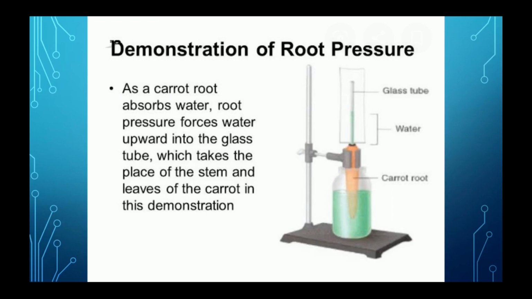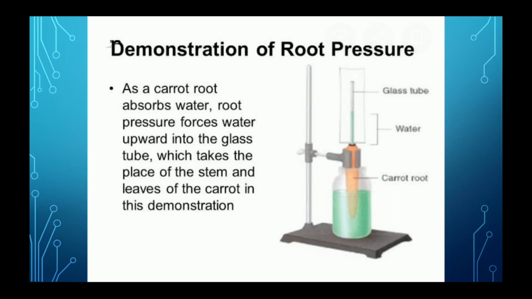When you come back, you will see there is a change in the level of water in the glass tube. Is the change an increase or decrease? It has actually increased. Why? Because the function of roots is to absorb water.